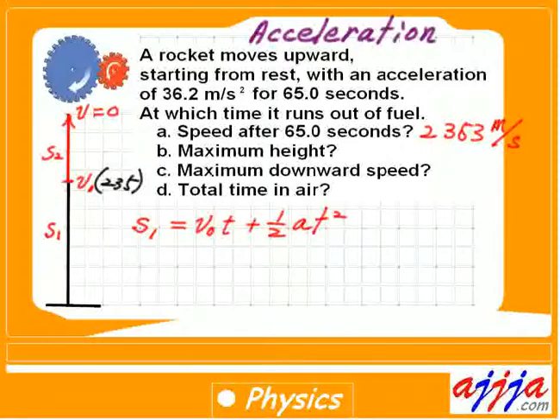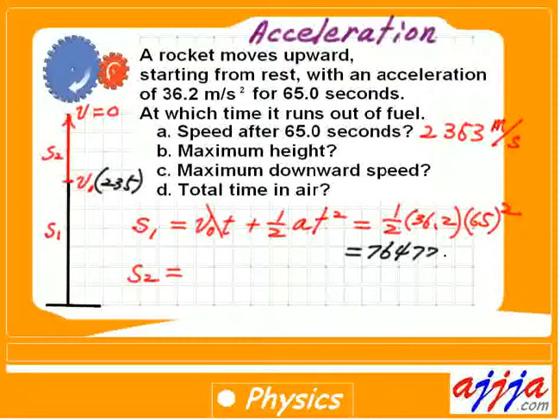In this case, from rest, the initial velocity is 0, so all you have to worry about is half of a, which was 36.2, then t squared, which is 65.0 squared. That's it. This is going to be 76,472.5 meters.